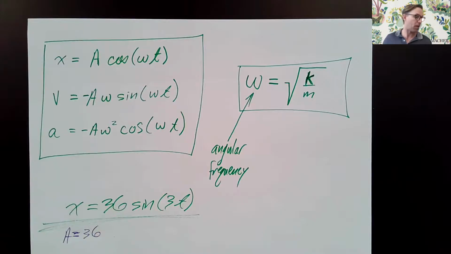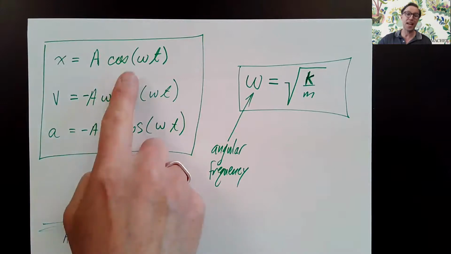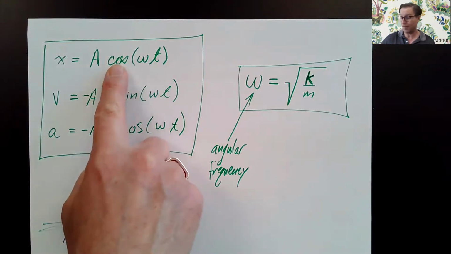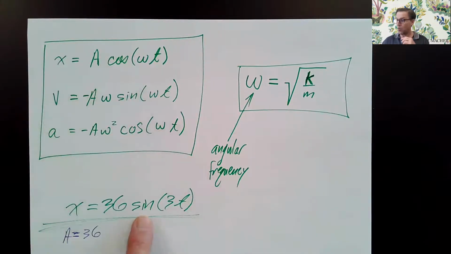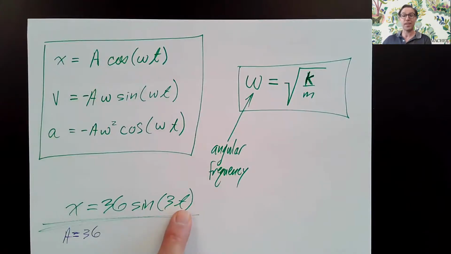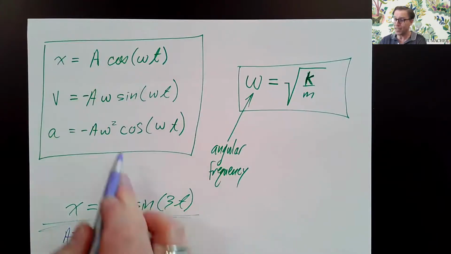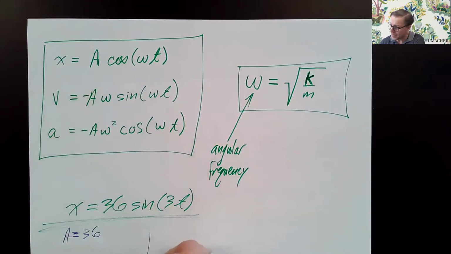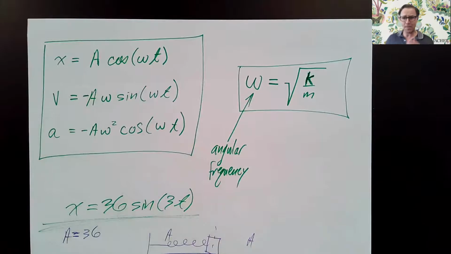We're used to x being a cosine graph. But sine, oh my goodness, when t equals 0, 3 times 0 is 0. What's the sine of 0? 0. In other words, if there's a sine here instead of a cosine, it means that the block actually started off in the center at equilibrium, not over here at A or over here at A. Can that happen?